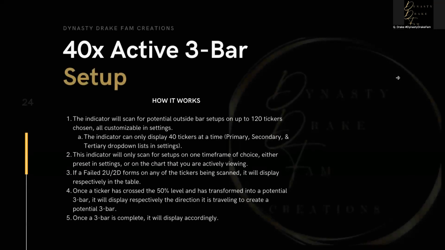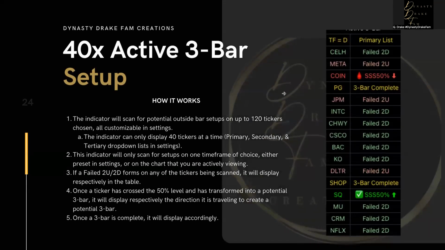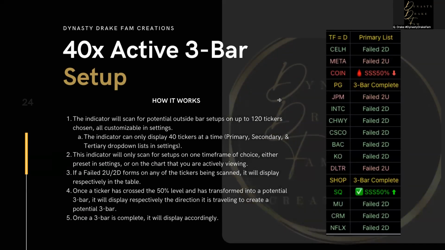So it's installed just like the others, no difference. But here you can scan up to 120 tickers. That's all customizable in the settings. The indicator can only display 40 tickers at a time by using your primary, secondary, or tertiary drop down list in the settings.